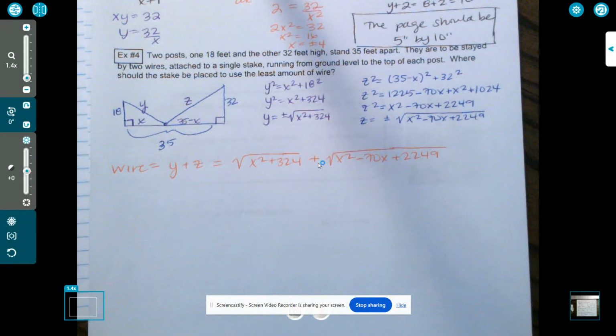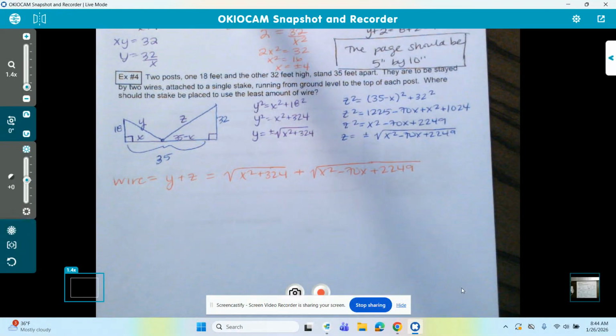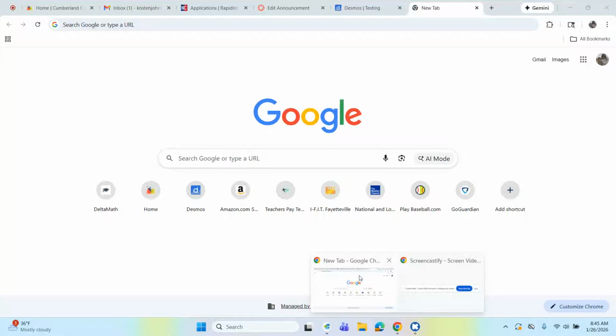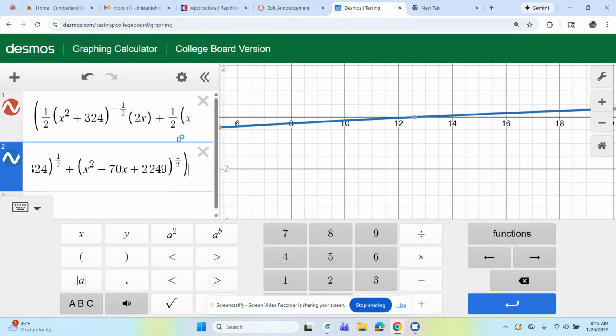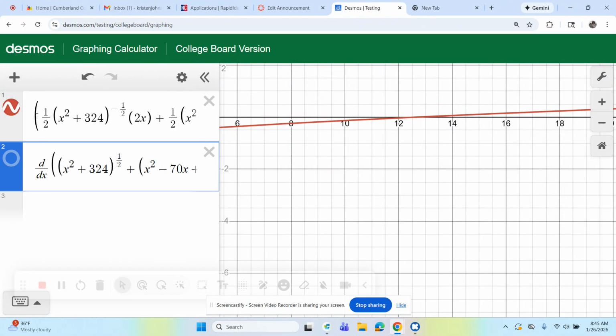But ultimately, remember, we want to know where the derivative equals 0. So I'm going to show you, and I've done it both ways here. The top equation is literally just the derivative of, let me write that out real quick.